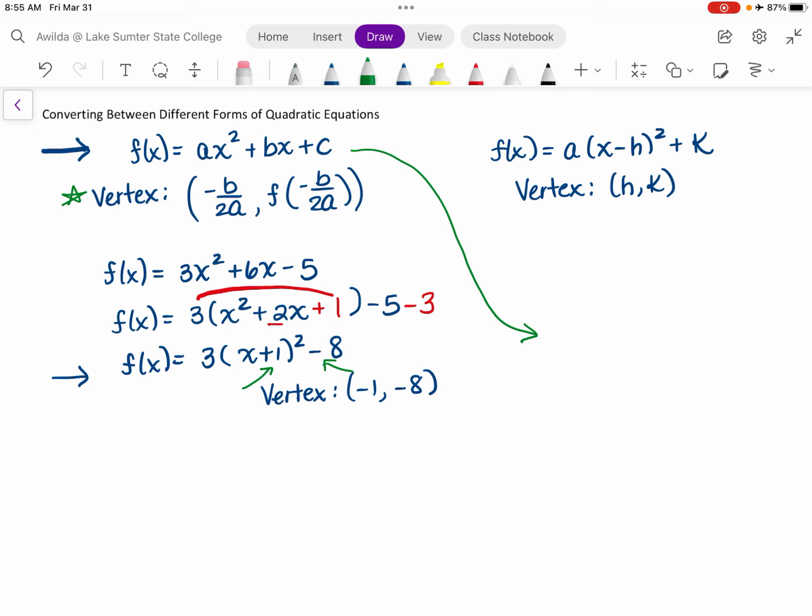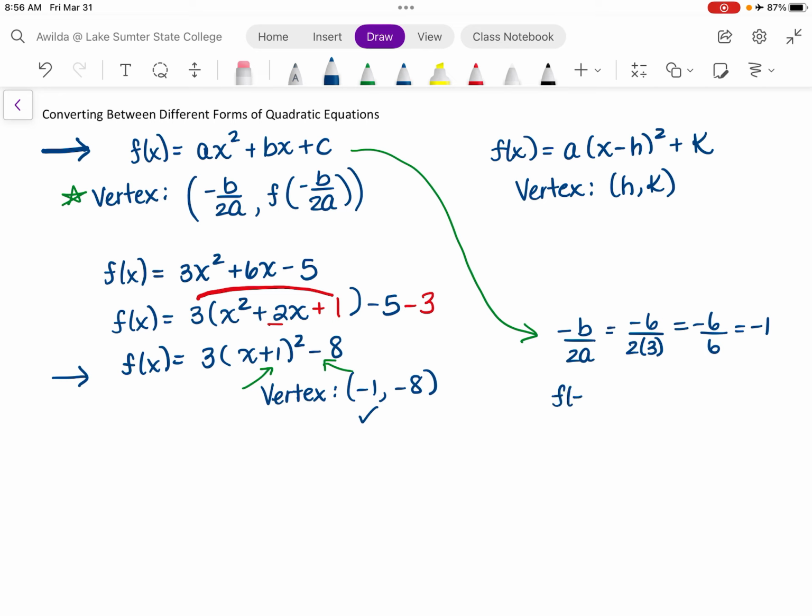So according to what we have in the original function, negative b over 2 times a would have been negative 6 over 2 times 3. And we have negative 6 over 6, which is negative 1. That matches exactly with the x-coordinate that we observed in the second form of the quadratic function.